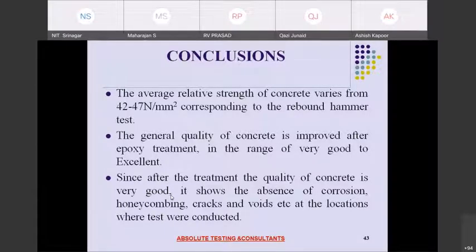The general quality of concrete is improved after epoxy treatment, in the range of very good to excellent. Since after the treatment the quality of concrete is very good, it shows the absence of corrosion, honeycombing, cracks, voids, etc. at the locations where the tests were conducted. So it means that by using this technique, you can ascertain that your structure is improved.